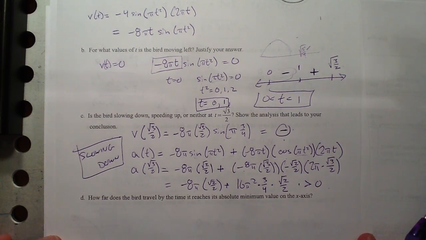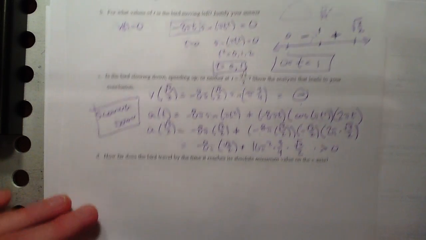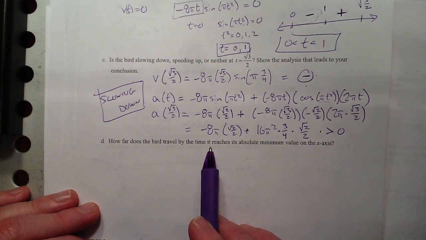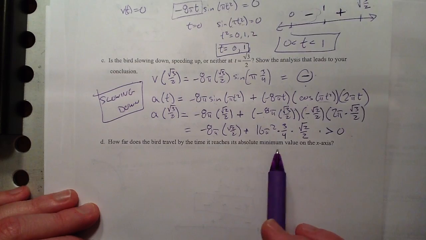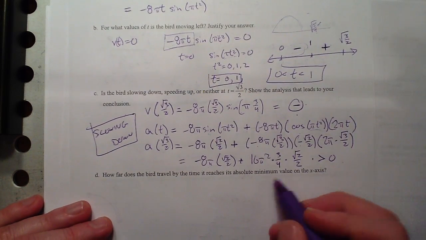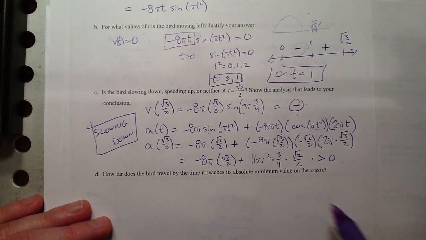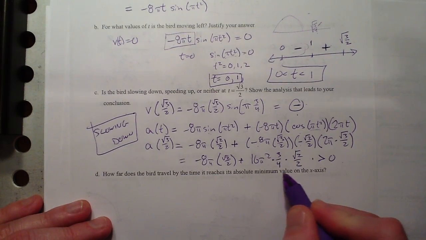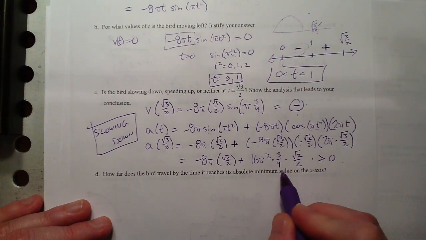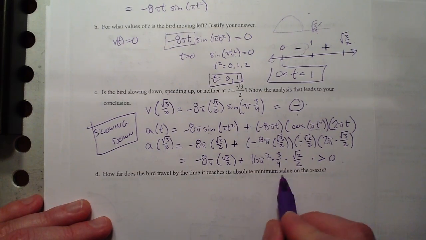And there's the analysis. It was a little trickier than the last one. How far does the bird travel by the time it reaches its absolute minimum value on the x-axis? So I'm not really crazy about the wording here. I think it should be like minimum position, because it's not really reaching a value. I think that's a little misleading. But this is talking about position.